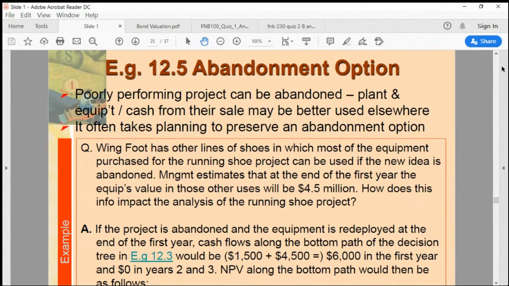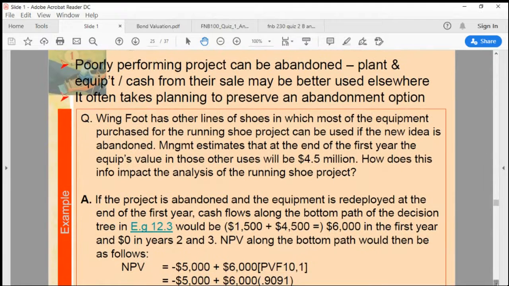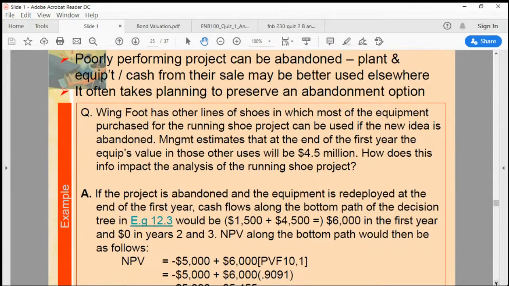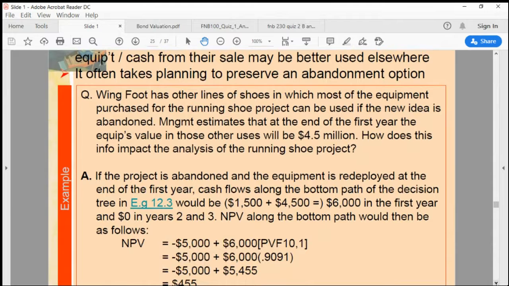If it doesn't take off, then at least we can abandon it and put it to a better use, or at least mitigate the loss by abandoning the project and putting it into alternative use.